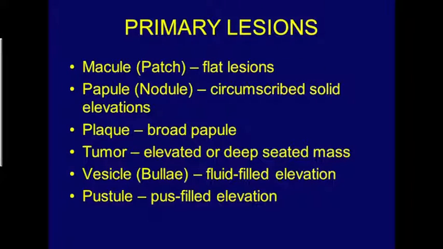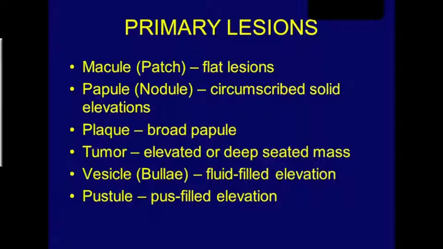Well, primary lesions can be macules, which are flat; papules, which are solid elevations; a plaque, which is a broad papule; a nodule, which is a deep-seated or elevated mass; a vesicle, which is a fluid-filled elevation; and a pustule, which is the same as the vesicle, but pus-filled. So those are primary lesions.